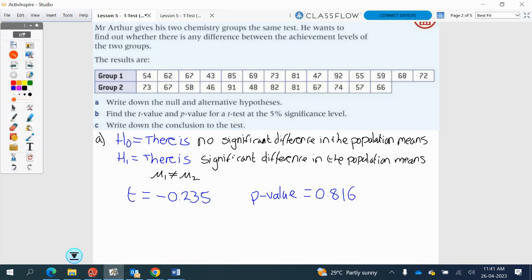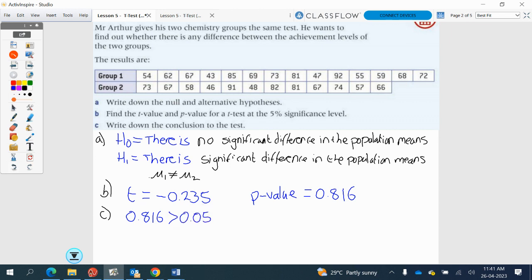The p-value is greater than the significance level. What's really important is that you put this comparison, that you compare the 2 numbers with an inequality. This is greater than the significance level.